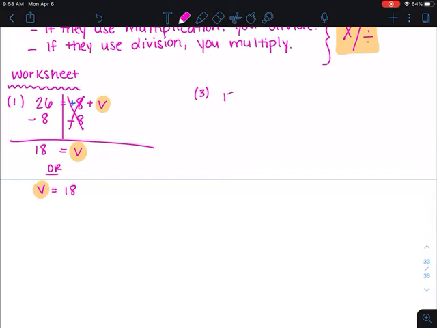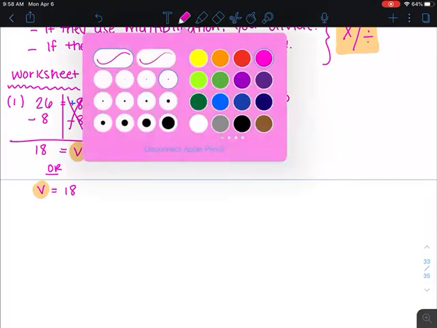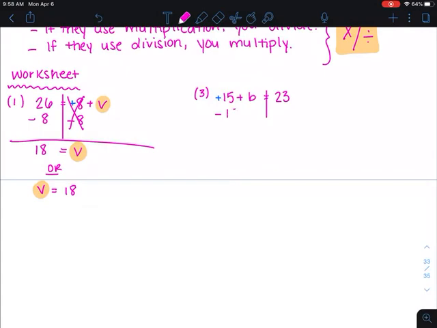Let's look at number 3. Number 3 says 15 plus b is equal to 23. I'm going to draw a short line down my equal sign. So again, we have a positive 15, and the opposite of a positive 15 is a negative 15, so we're going to subtract. 15 minus 15 is 0, so that will cancel.